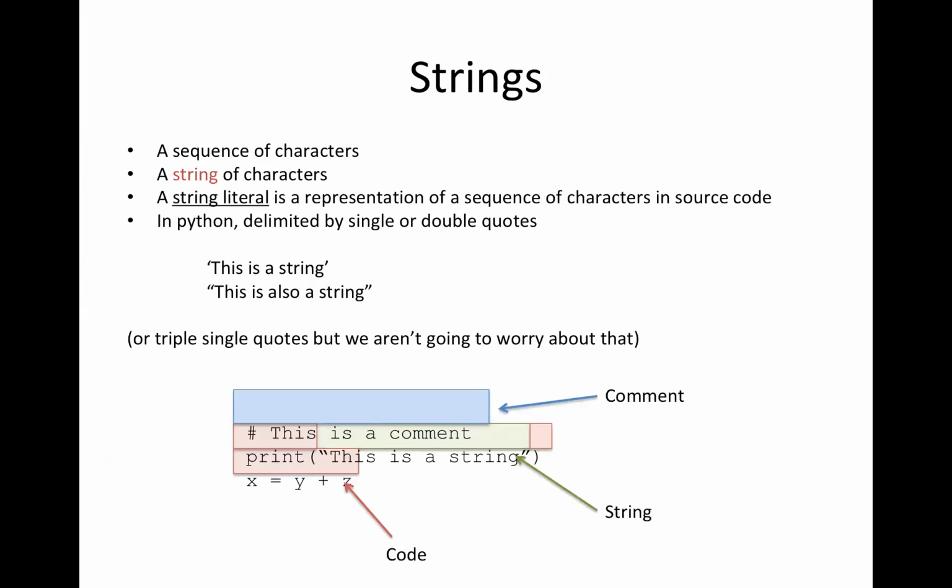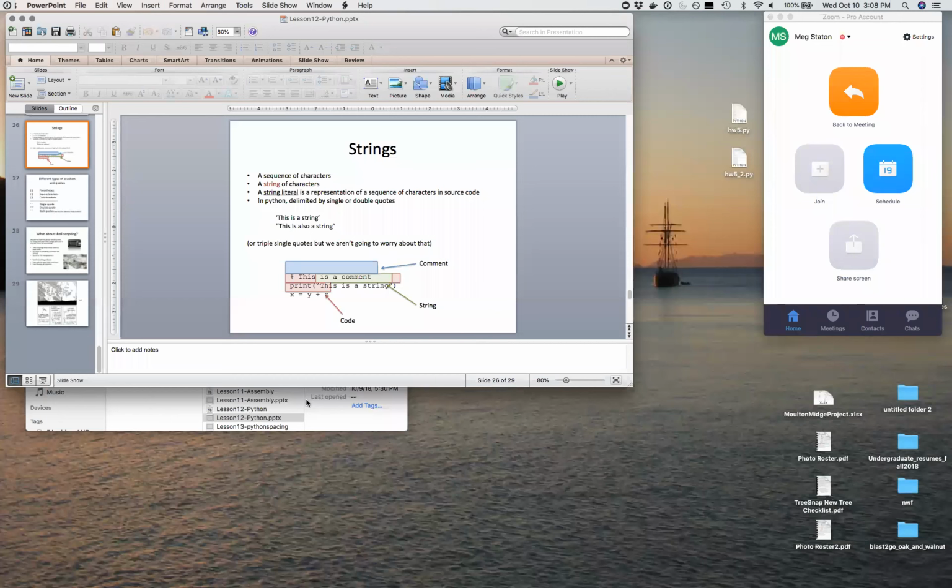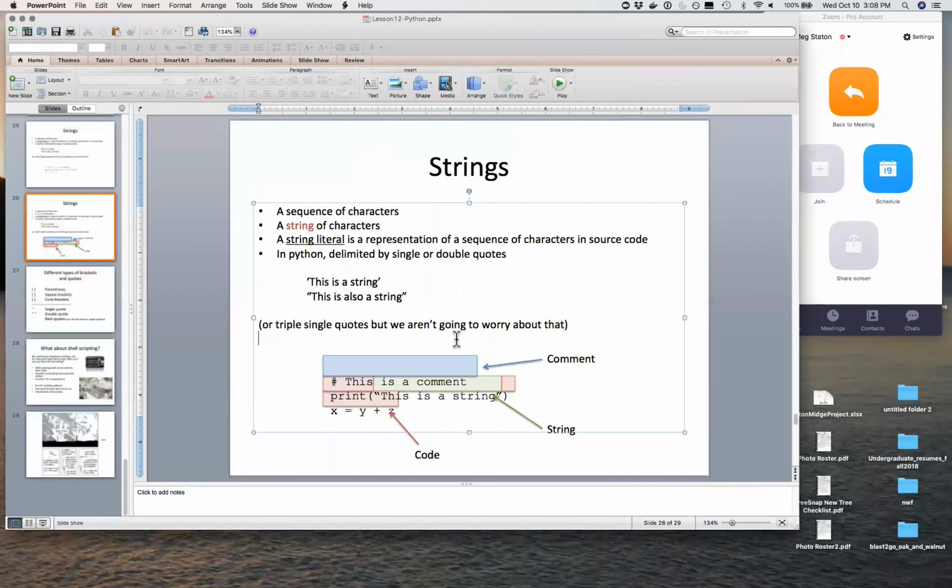So when you're looking at this, there are all these characters on the screen, but they're different things. This is a comment. The blue stuff is not being read as Python code.